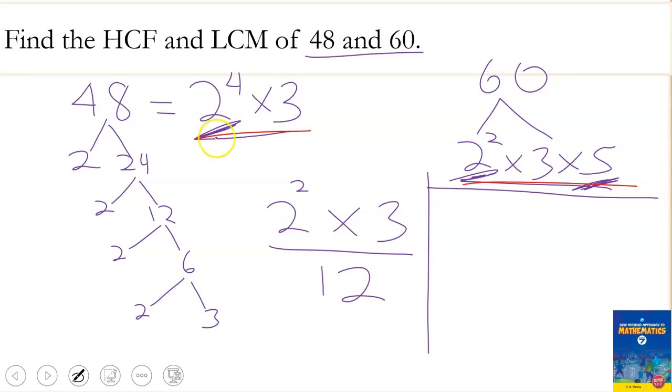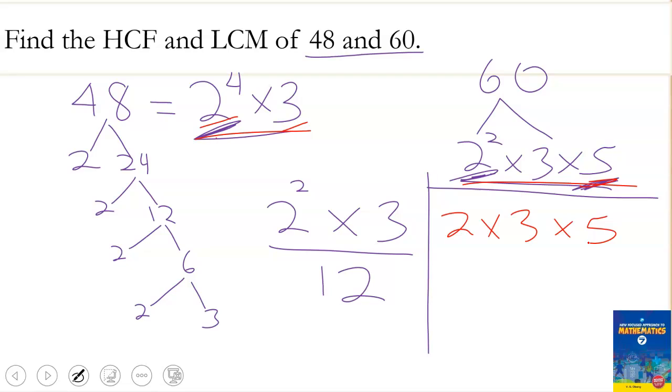Among them, 2 is unique, 3 is also unique, and 5 is also unique. So these are the three that are unique. Then after picking the unique ones, we pick the highest degree.